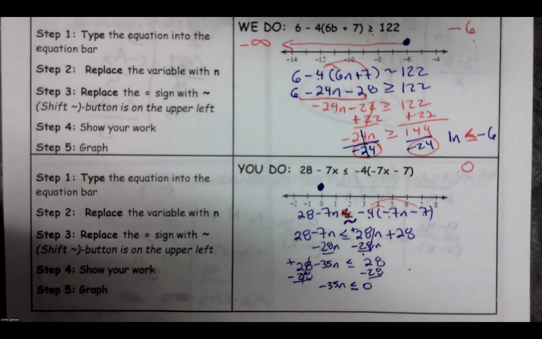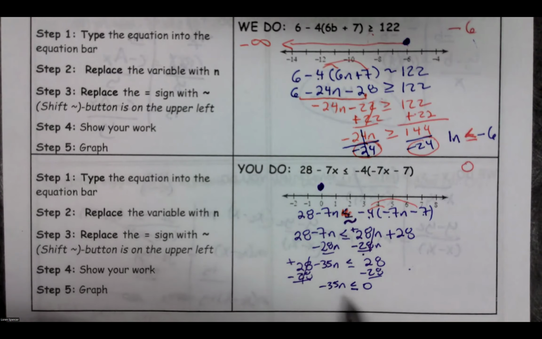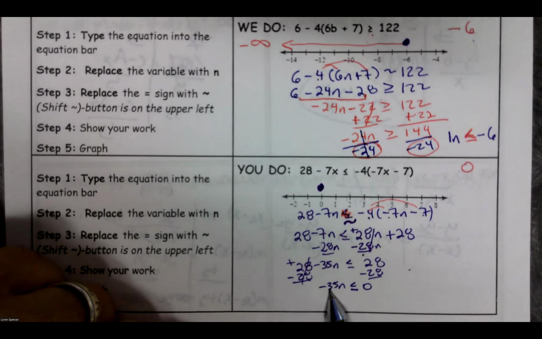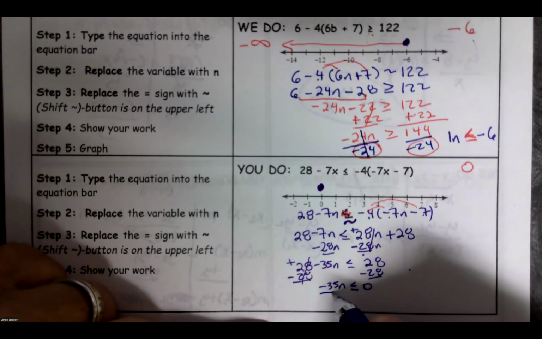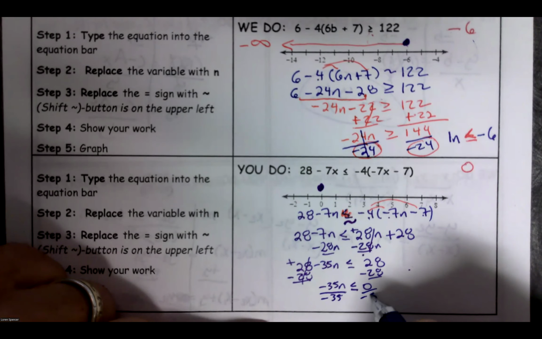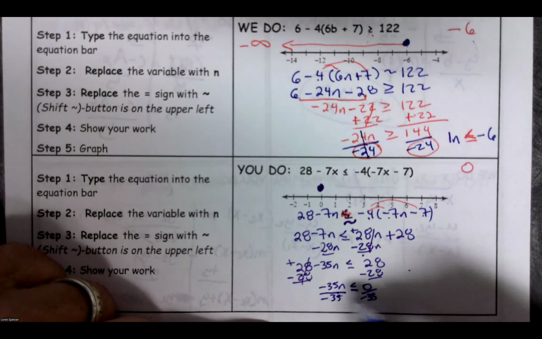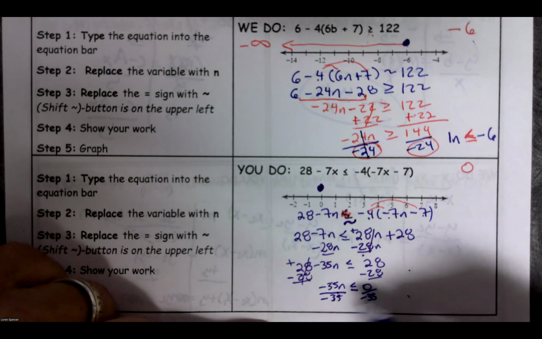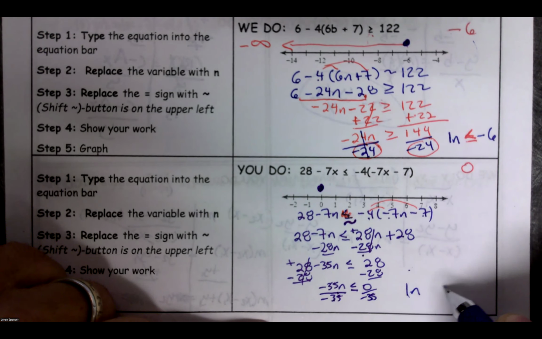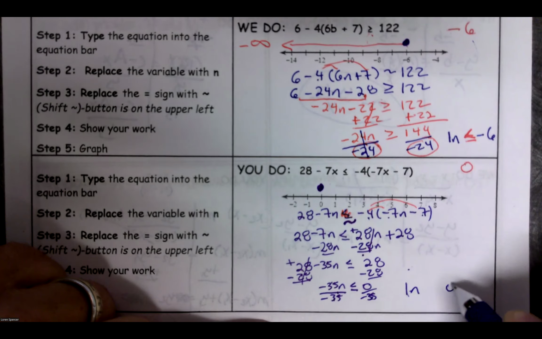All right, some people think we're done right now because we have a 0, but we're not done. We can't stop until this is a positive 1. So I'm going to have to divide this by negative 35 and this by negative 35. Well, a negative divided by a negative is positive, so we'll have a 1n. 0 divided by anything is 0.